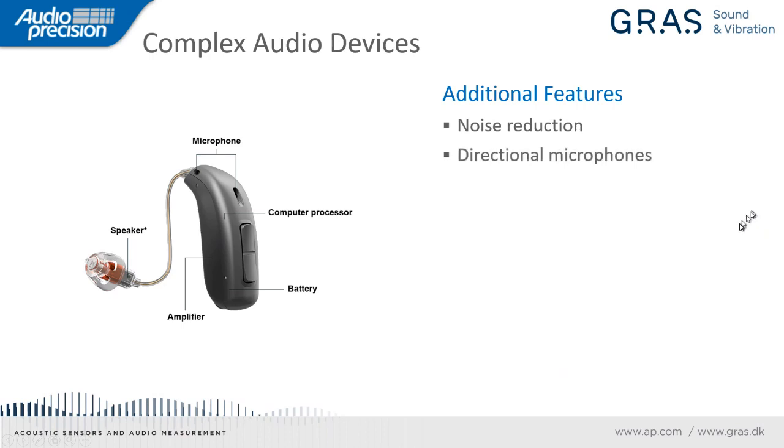They can have directional microphones to help the hearing aid determine the source of the incoming sound. They can have support for telecoils. This is a magnetic coil that allows the audio to be transmitted via a loop around the building, or in some cases from a telephone receiver, so that the audio can be transmitted via magnetic field rather than acoustically through the air.